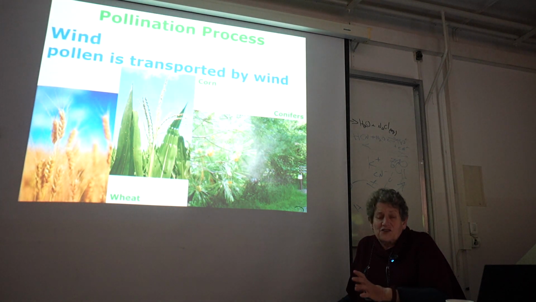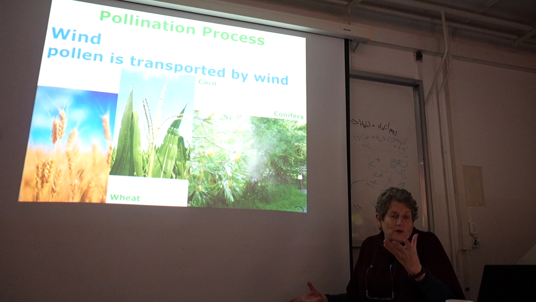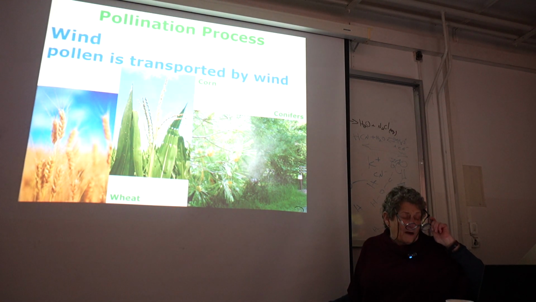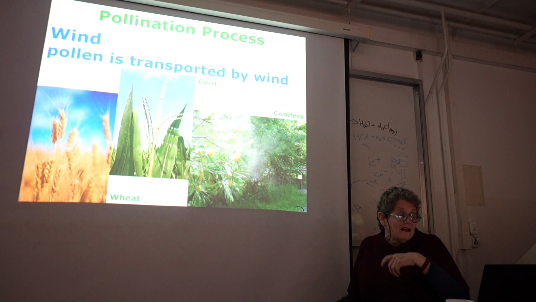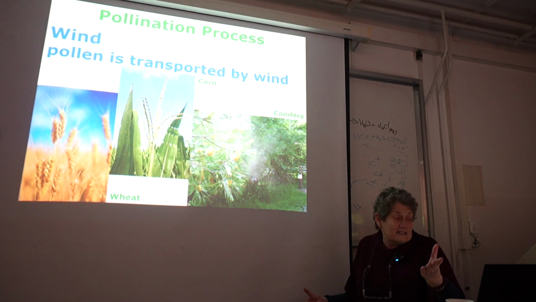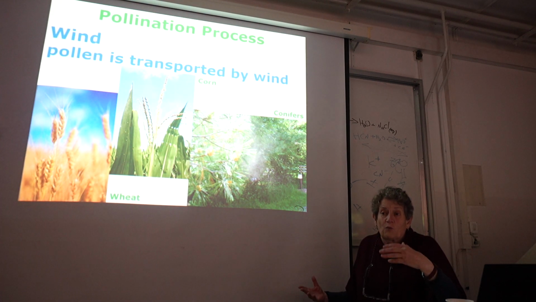How does pollination take place? We saw the process that we're all familiar with, when insects pollinate plants, but there are many other ways that pollination takes place. For example, pollination can be by the wind.